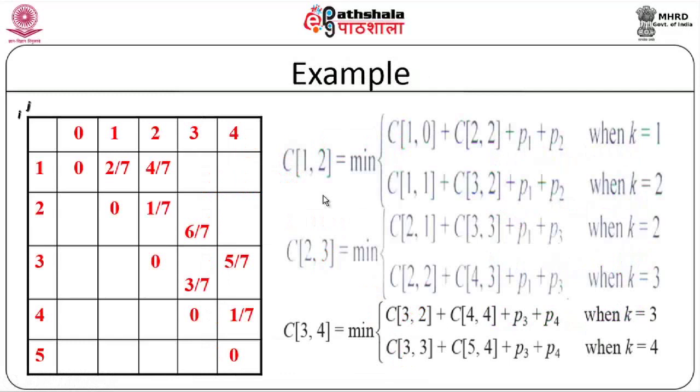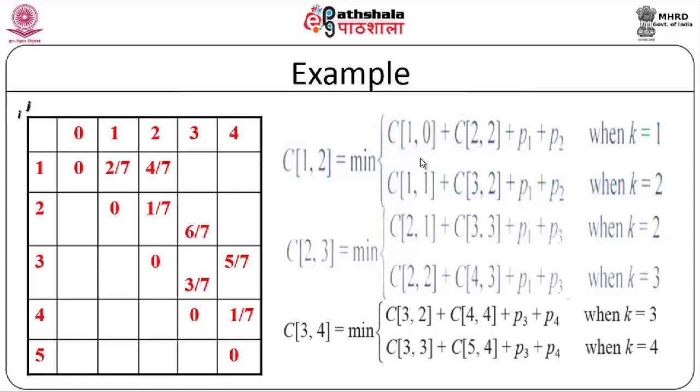You can see exactly how it is happening. It is going to be the application of the recursive function, which we have seen already. It is going to be C of 1 comma 0 plus C of 2 comma 2, then we have the summation of P m, where m ranges from 1 to n.